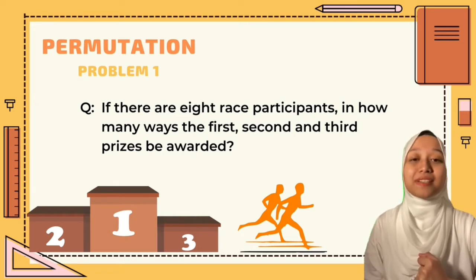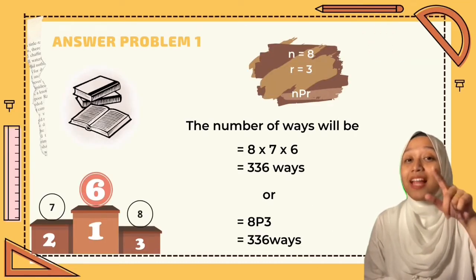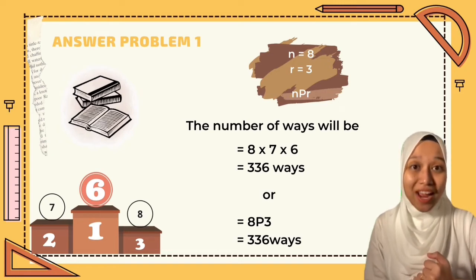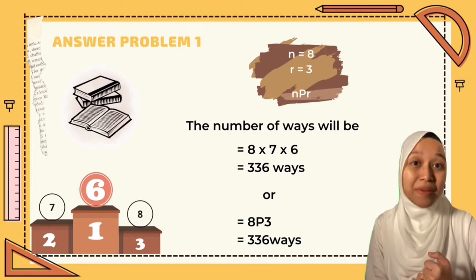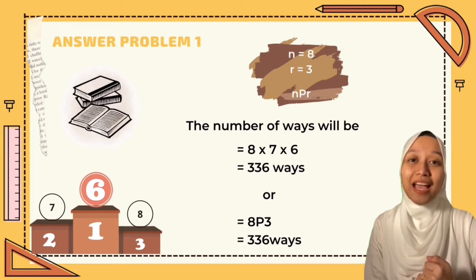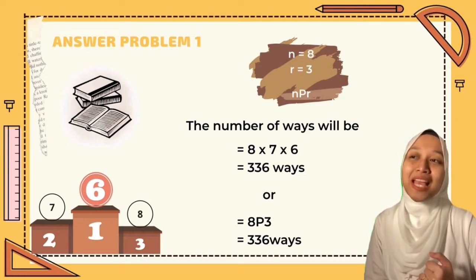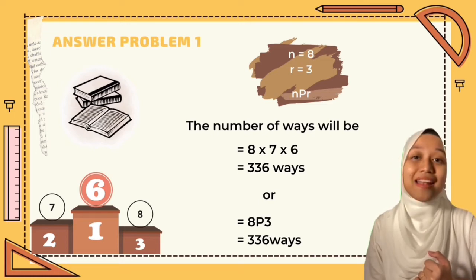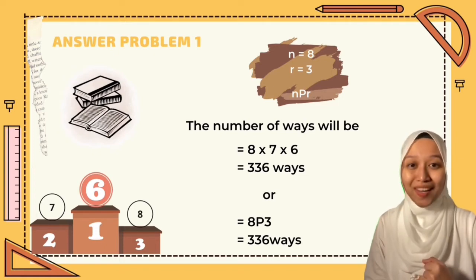Therefore, the number of ways will be 8 times 7 times 6, which equals 336, or we can use the formula nPr, where n stands for the total number of objects and r stands for the number of objects taken at a time. It means there are 336 ways that the first, second, and third prizes can be awarded.